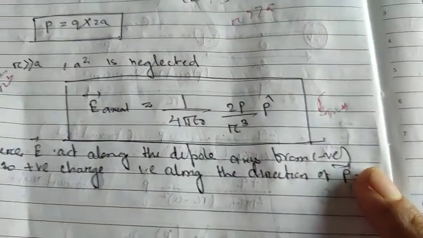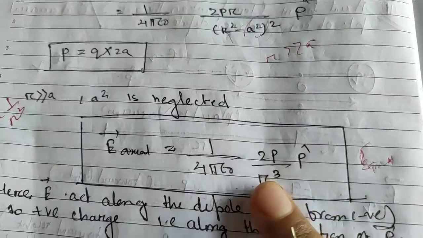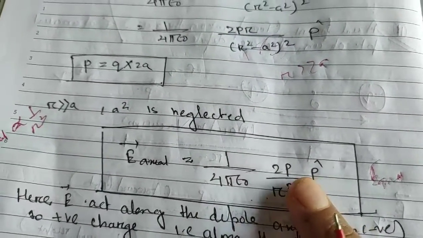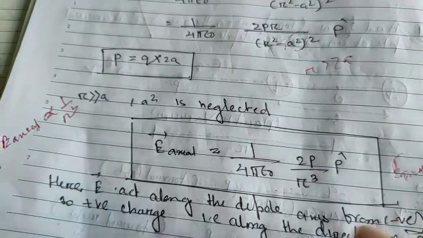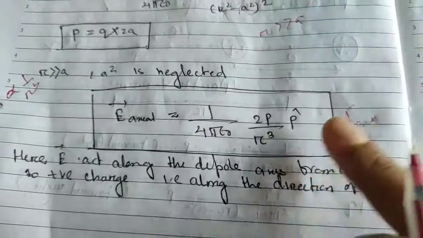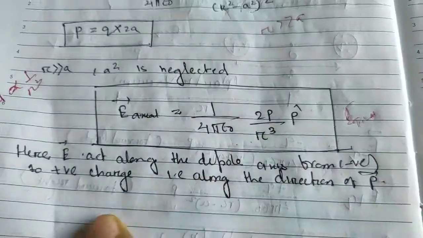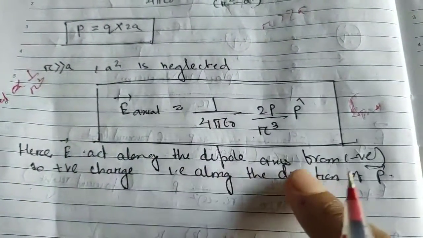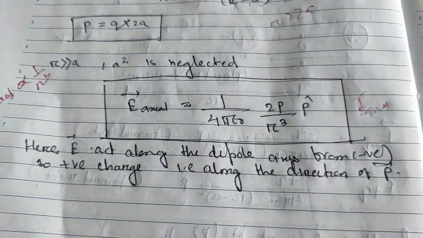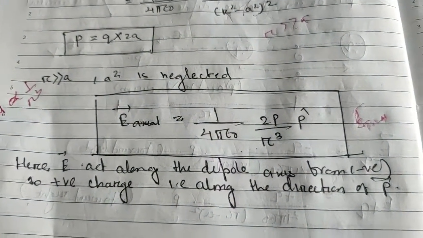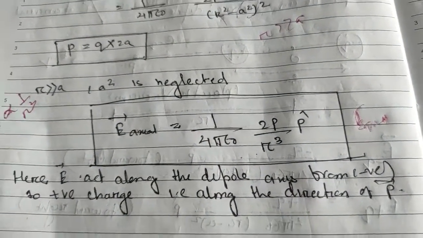So everywhere you can see that the distance of separation is inversely proportional in cube form in a dipole, but in square form in point charges. Clear? So this conclusion gives you that the electric field acts along the dipole from negative to positive charge, that is along the axis, along the direction of P. Thank you so much for watching this video.